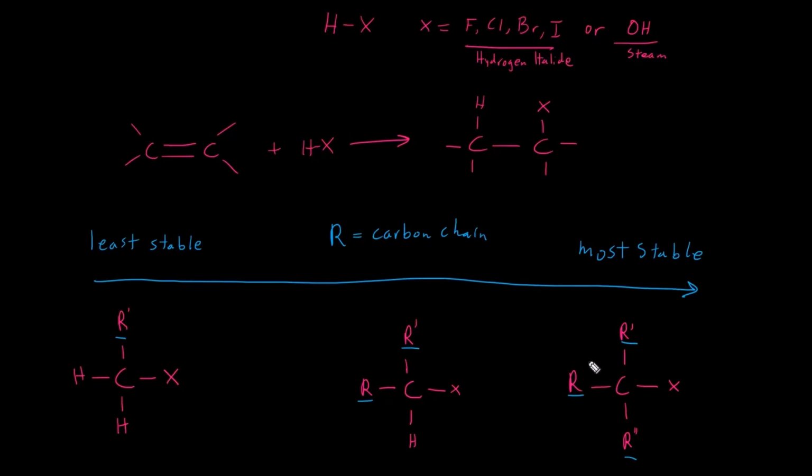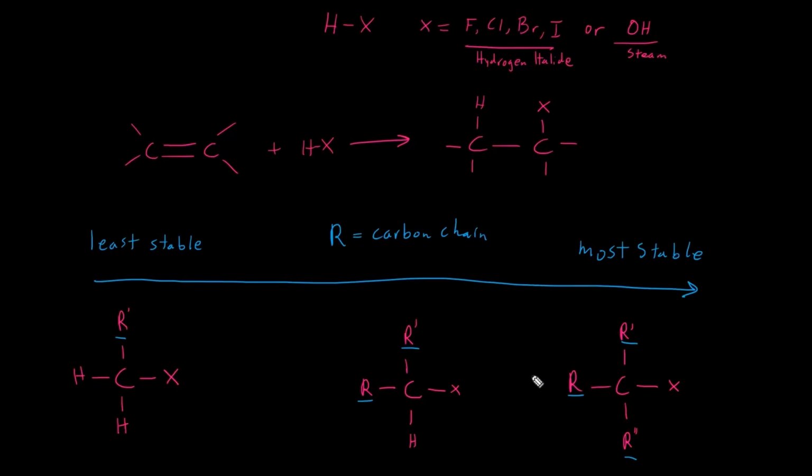Meaning that a compound that has X attached to a carbon with three carbons attached to it is going to be a major product over a compound where X is attached to a carbon with only one other carbon attached to it. This is what dictates a major versus a minor product.